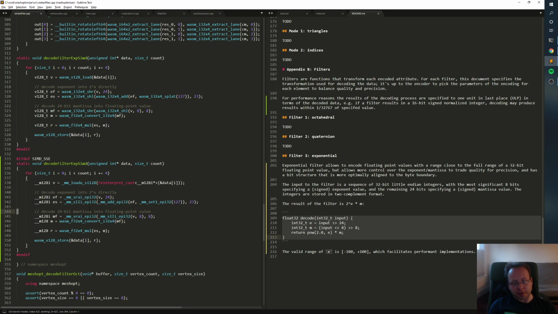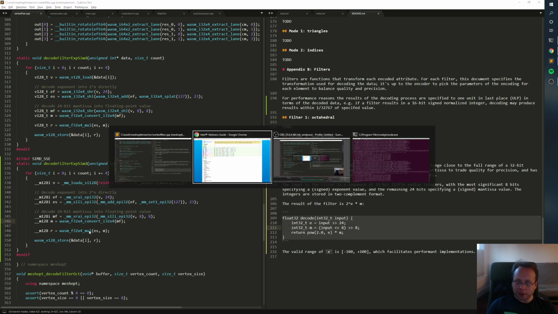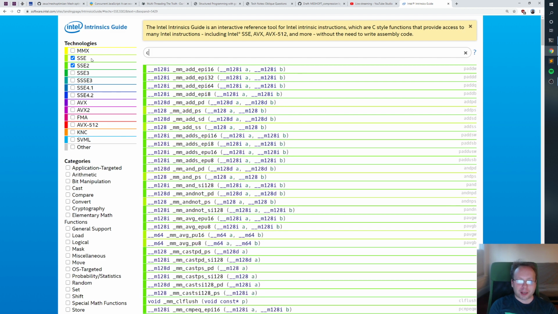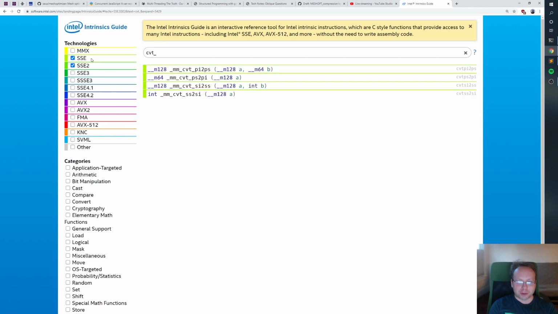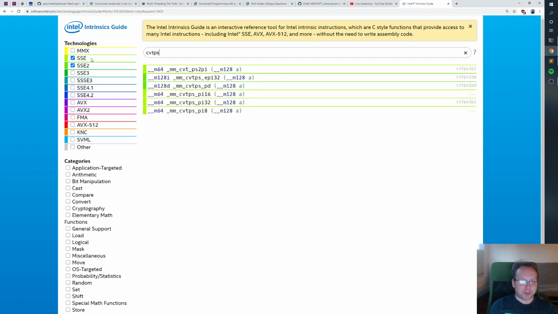And then this just takes the mantissa, does the sign extension, which is this thing, and then converts it to a floating point value, and there's the intrinsic for that: convert, CVTDQ2PS, something.